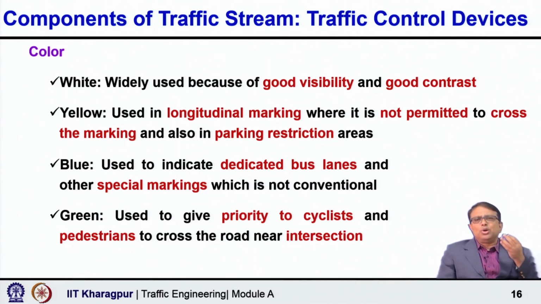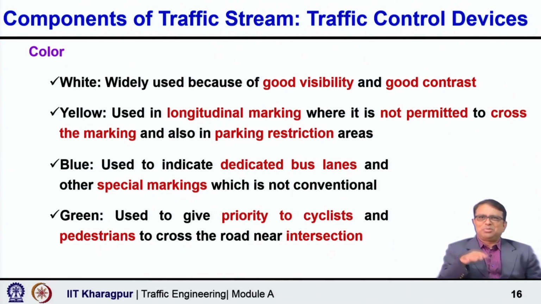Traditionally, earlier only yellow, black and white. These were the three colors which were used, but now many other colors are also permitted or introduced in this code. Traditionally, white was widely used because of the good visibility and good contrast. Most of the roads in our case are bituminous roads, black.